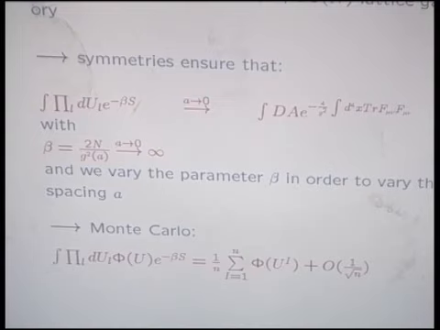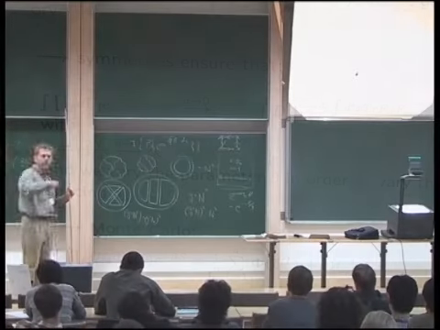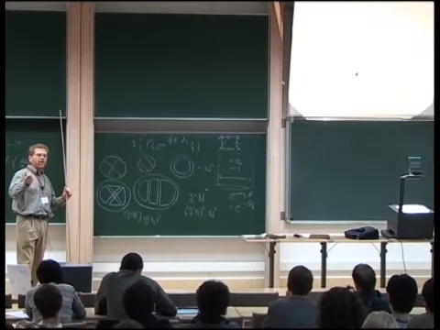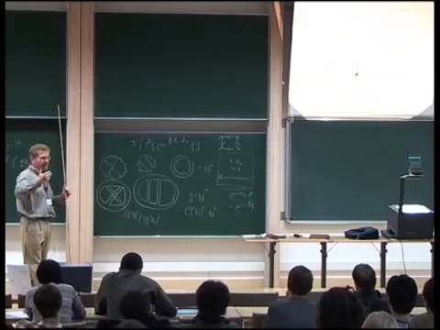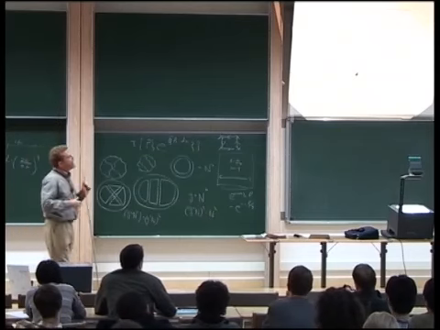What the Monte Carlo does for you is rather like if you had an integral over x of just a real valued variable from 0 to 1. You might do that numerically by picking a number of points between 0 and 1, evaluating the integrand there, and just using that as an approximation to the integral.